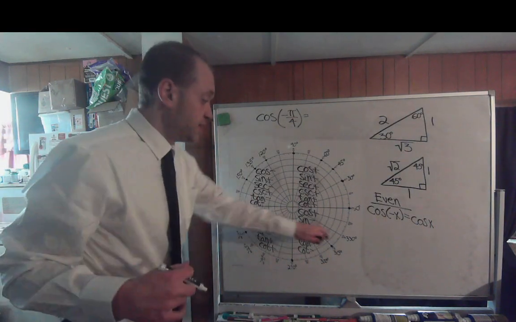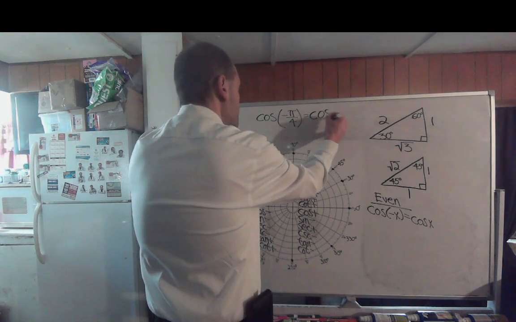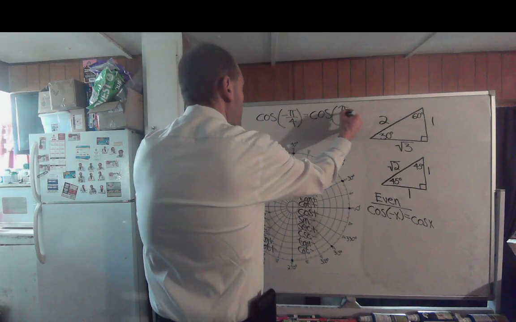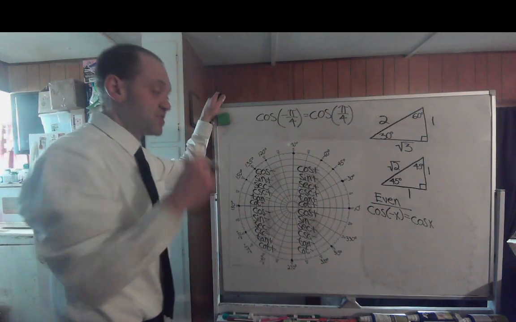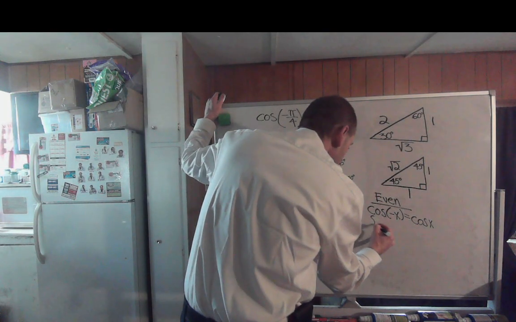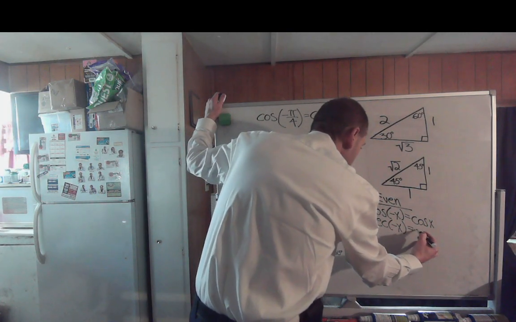So that would prove then my cosine is still positive. That would still equal the cosine of pi over 4. And then by extension, your secant function's also even for the fact that it's the reciprocal of the cosine.